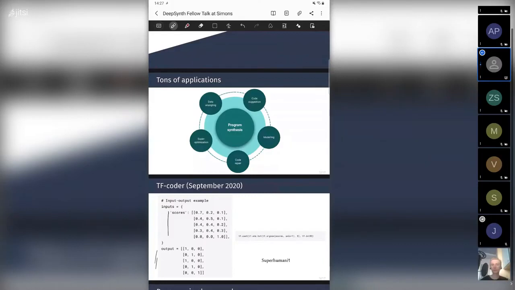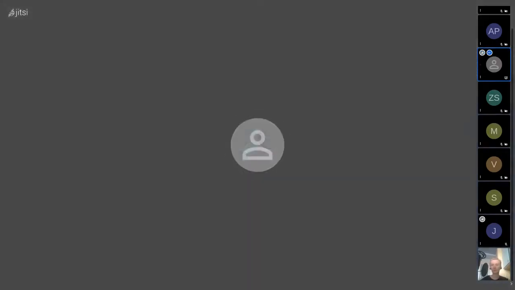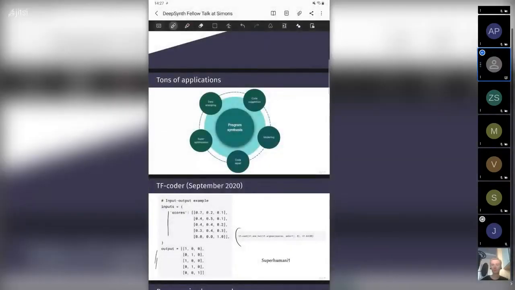And then TF coder comes up with these typical Python one-liners that would take you minutes, if not hours, to write down, and obviously is just what you were looking for. So TF coder is very successful at coming up with these things, combining one of these 500 functions that are defined in TensorFlow for manipulating tensors.